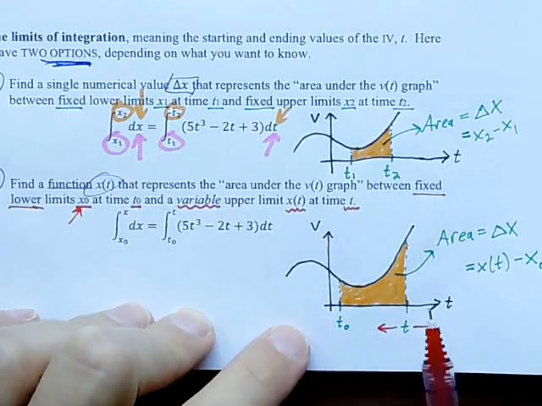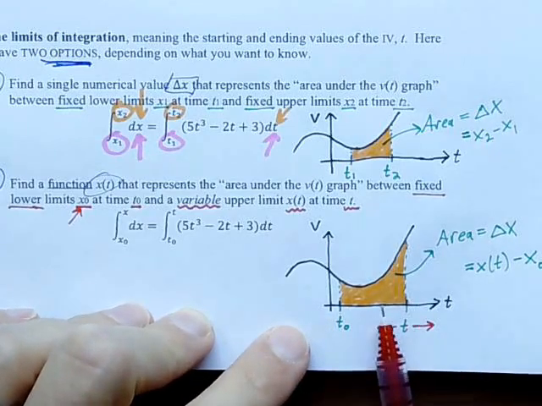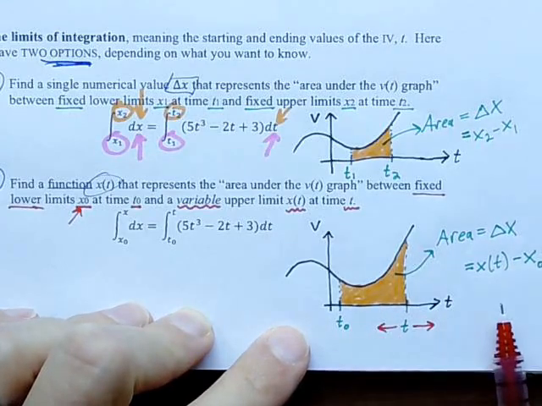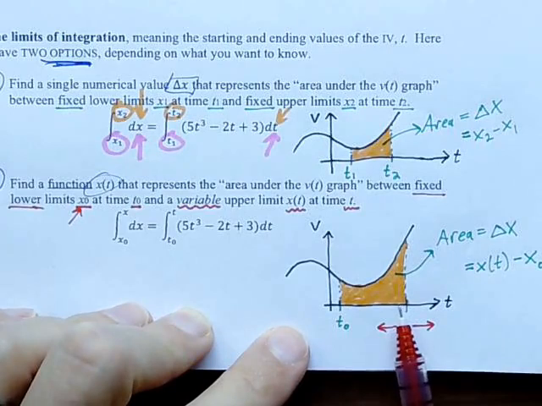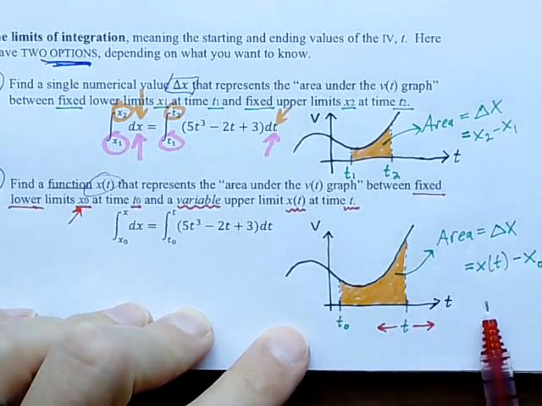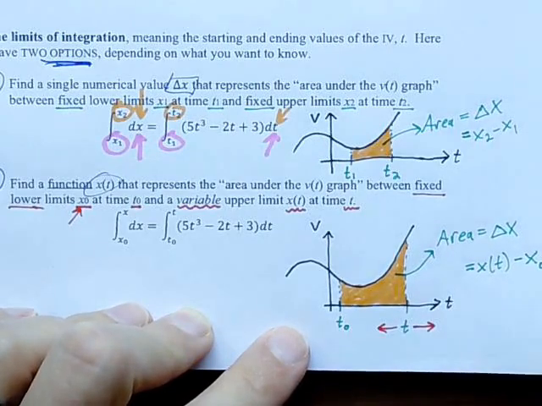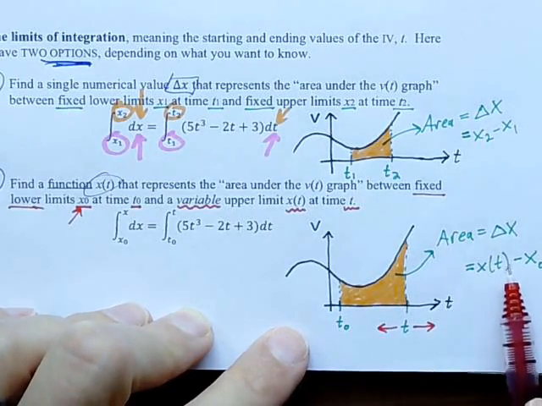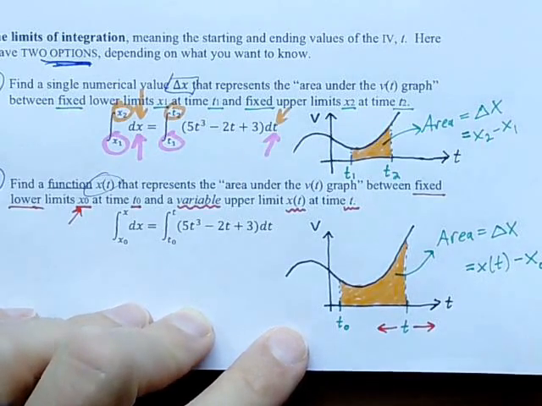So we can imagine sort of shifting this time back and forth so we get different areas. So if we can pick any value for t, we get different areas and find the corresponding value for some variable future position.